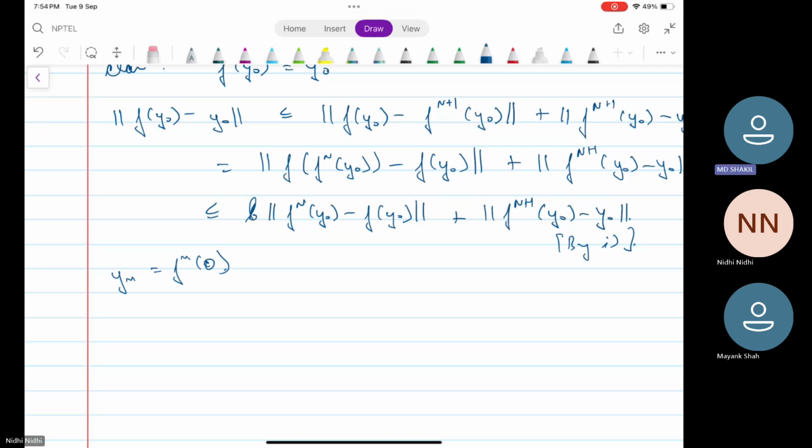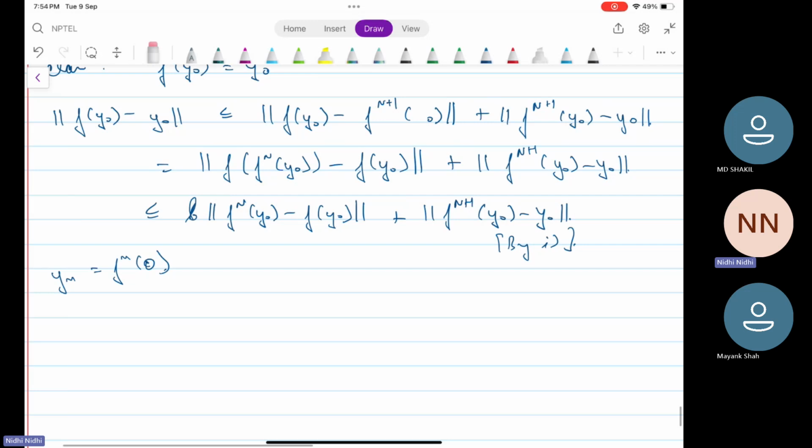yn actually converges to y naught, no? Basically I think here I should write 0. Then this is 0. This is 0. This one is 0. Yes, that will be 0. This one not.